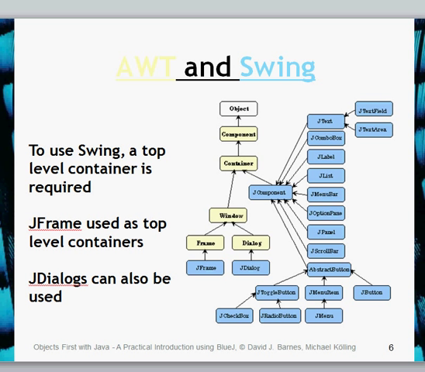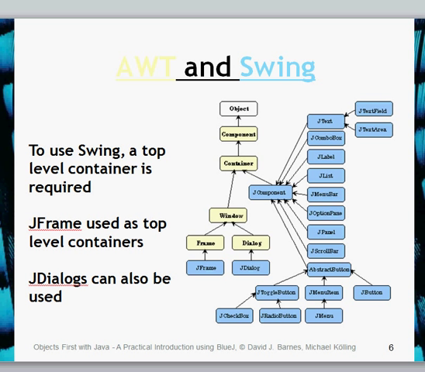Now, you see in the blue there a number of the different components, and we're going to introduce you to a JButton, we're going to introduce you to the JLabels, and some other bits and pieces there. We're also going to introduce you to the JMenuItem and JMenu, which we're going to look at in a second, just to give you an idea of some of these components.